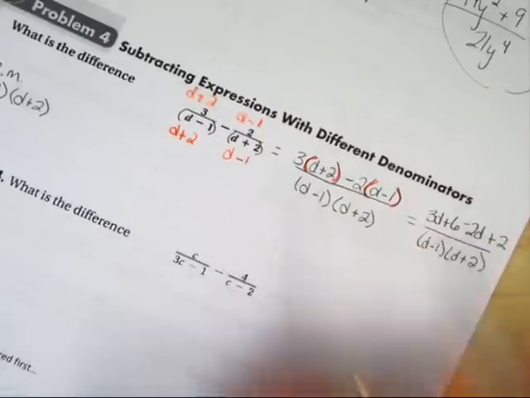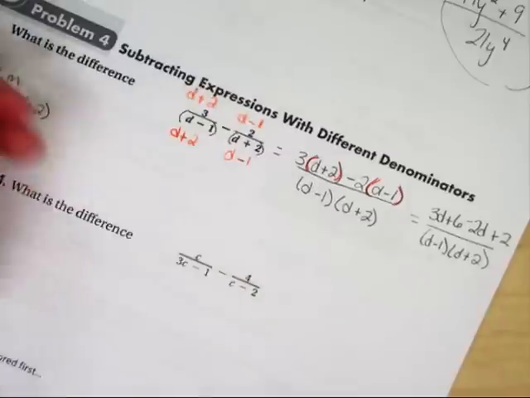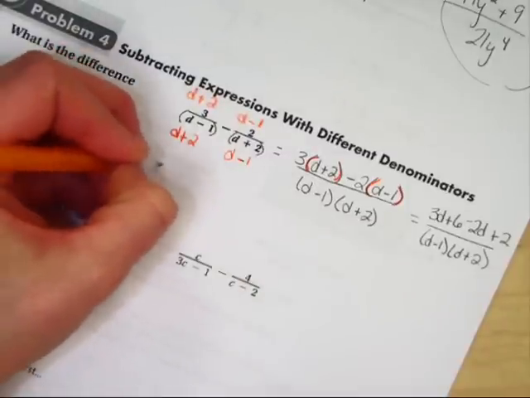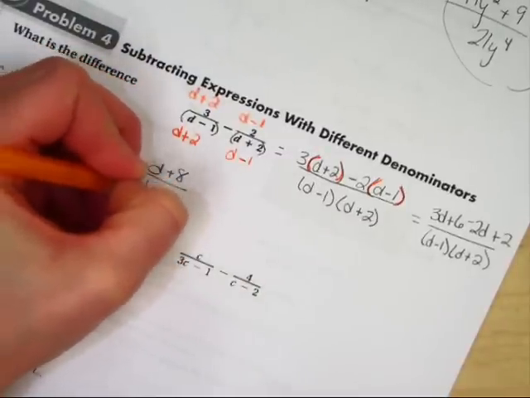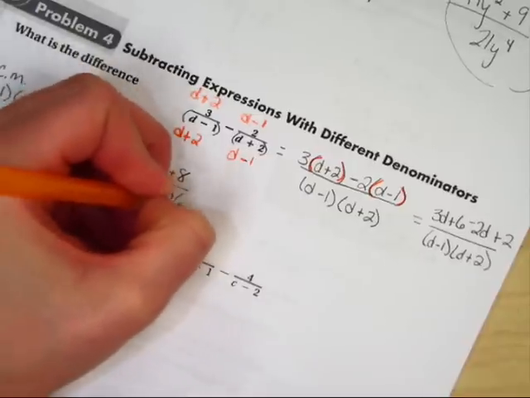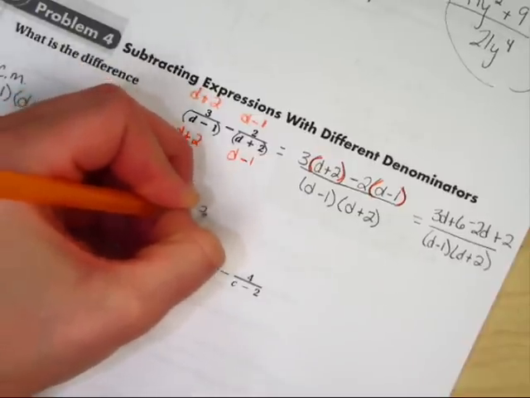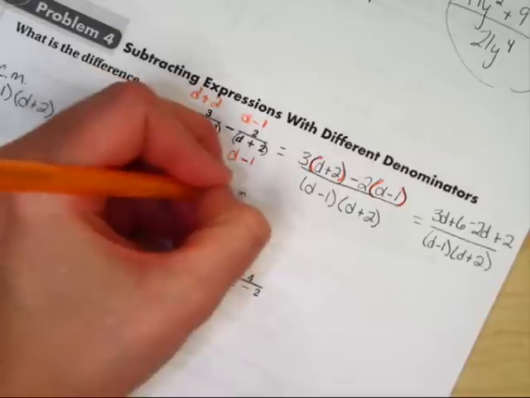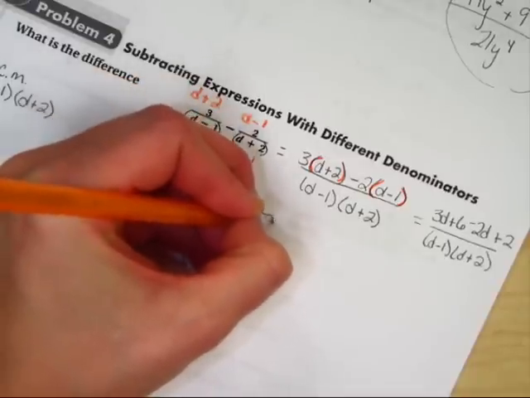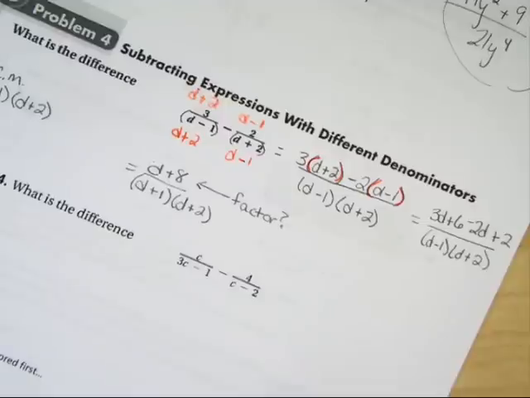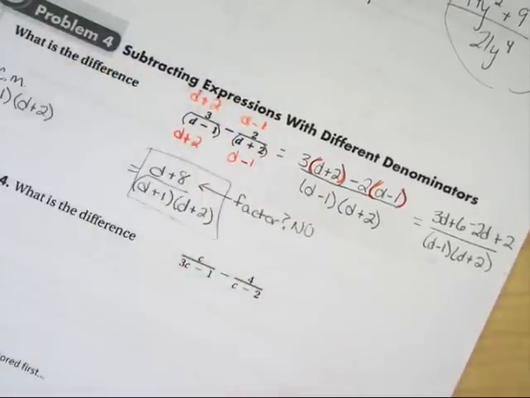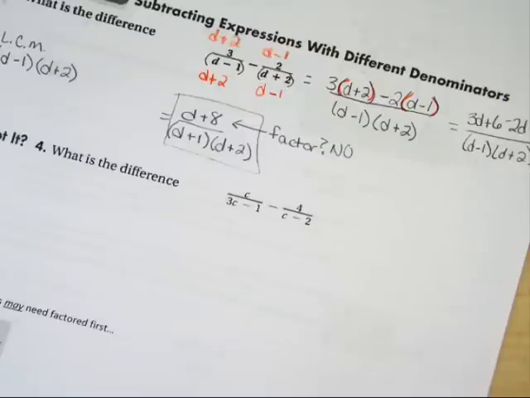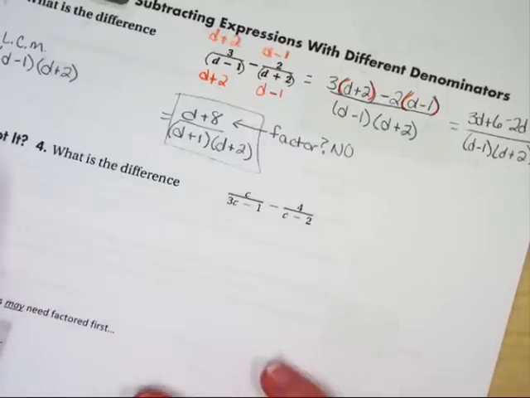Now we're going to combine our like terms on the top. 3d minus 2d is d, and 6 and 2 makes 8. Because the bottom's already factored, I just need to check if the top factors. Does the top factor? The answer is no. So our final answer is d plus 8 over d minus 1 and d plus 2. Number 4. We got it.